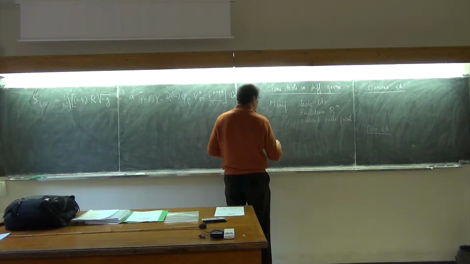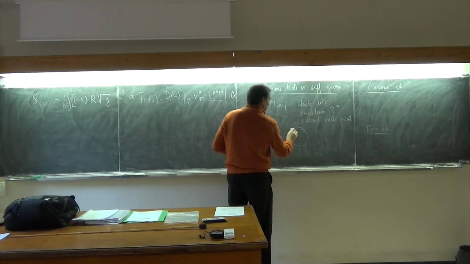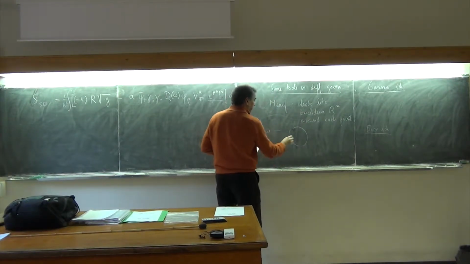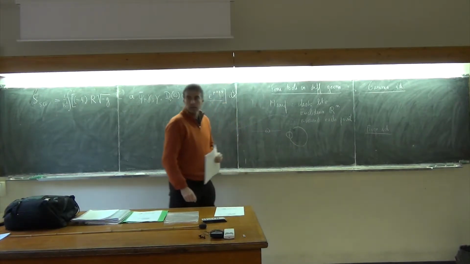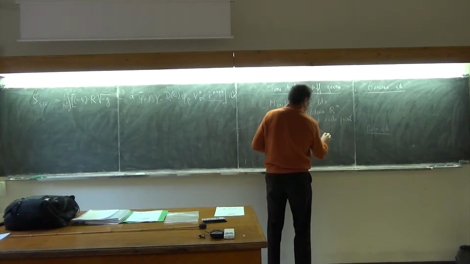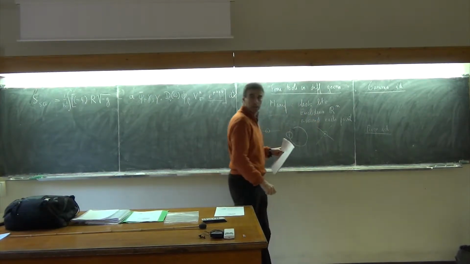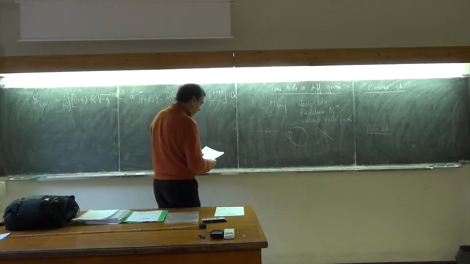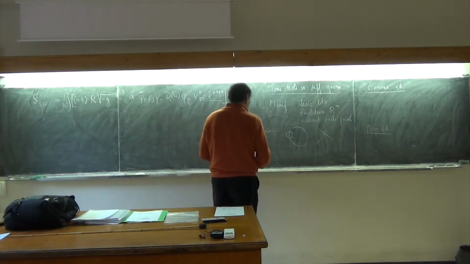So, for example, a line or a circle is okay because around each point it's more or less like R1. This is not a manifold because around this point it doesn't look like R1. These are examples of manifolds and things that are not manifolds.